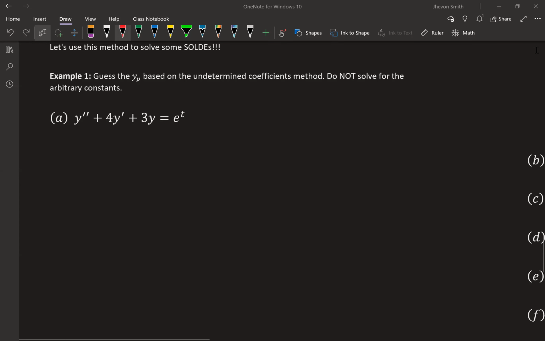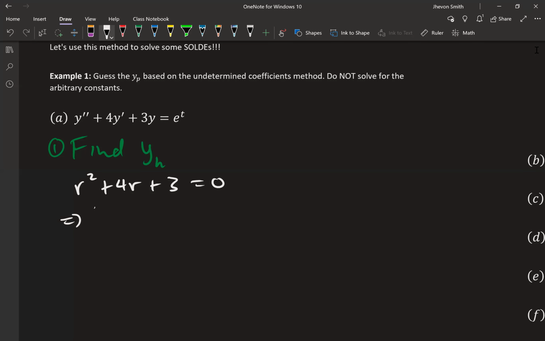All right, so here's the method from start to end. Again, first thing I'm going to do, find the homogeneous solution, find YH. So this comes to r squared plus 4r plus 3 equals 0. I believe that factors as (r plus 1)(r plus 3).